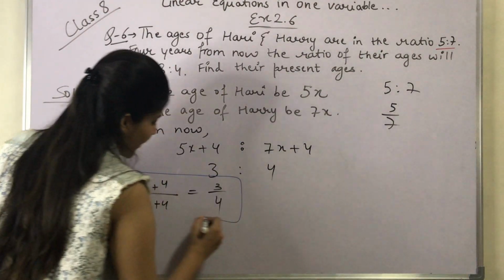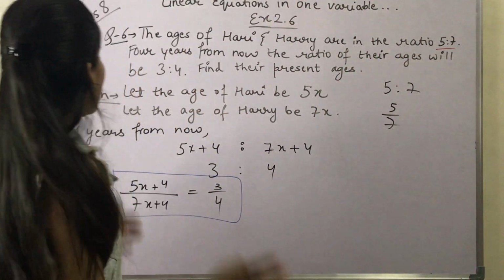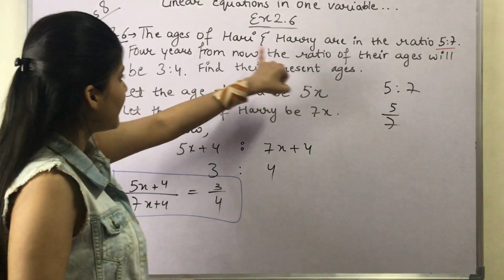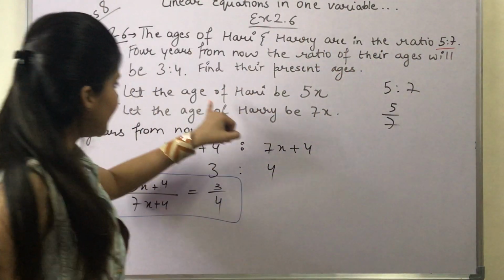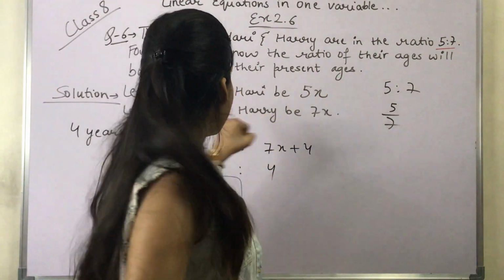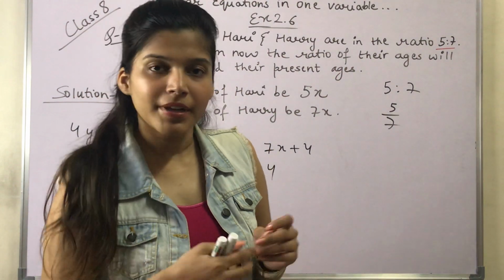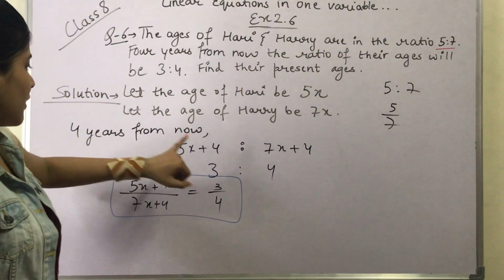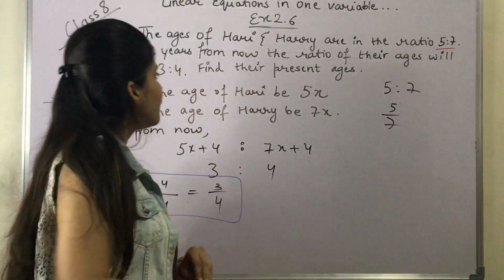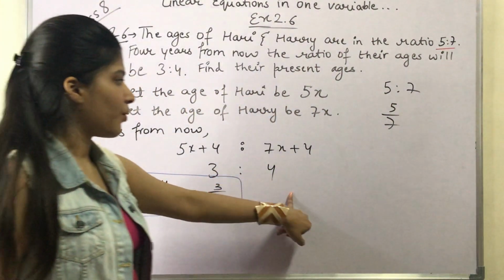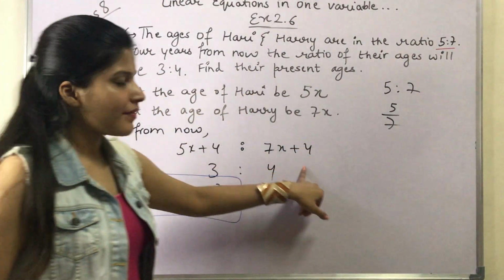Now how was this equation formed, children? Let's understand this once again. What we did: the ages of Hari and Harry are in the ratio 5:7, this was given. So we let the age of Hari be 5x and the age of Harry be 7x, as we always do in every question. 5x:7x was our present age, but the ratio after 4 years is given as 3:4, and after 4 years their ages will be 5x plus 4 and 7x plus 4.